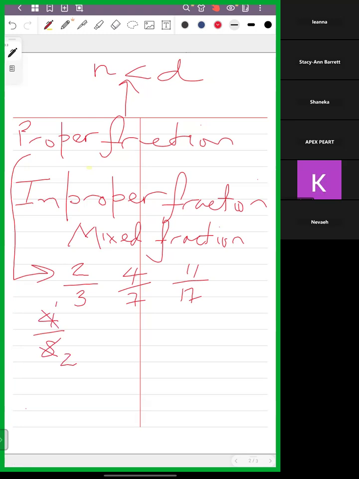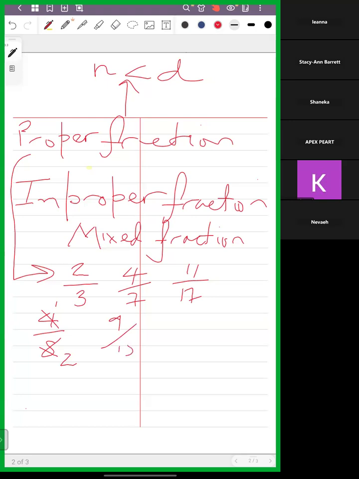Because 4 over 8 can chop down to 1 over 2. So when you're coming up with your own examples, if you so desire, try to pick a number that cannot go into the bottom number. They can't go into each other. Okay? So let's say I pick a number like 9. I don't want to pick 15.